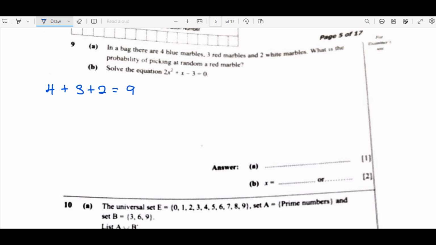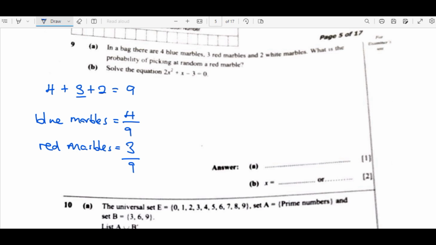Meaning that for blue marbles it will be 4 over 9. So this is the probability of picking blue marbles. And then the other one is red. So red marbles, we get 3 over 9.